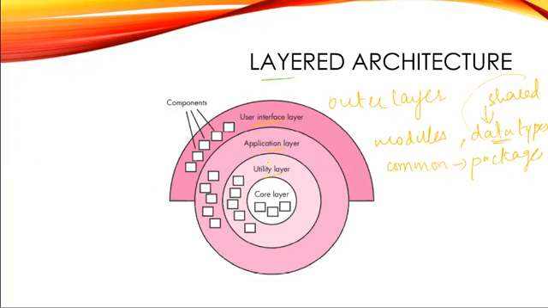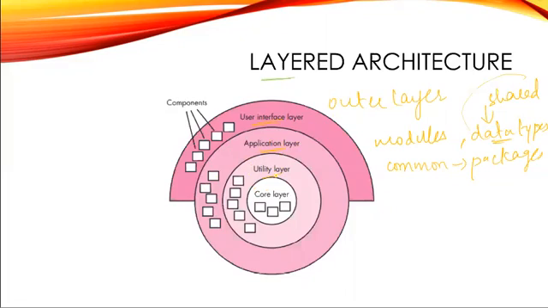The application layer makes use of the utility layer, that is, your different applications. The user, by making use of the user interface, if you click on a specific button, your application is going to change, that is, what options are being displayed. These are your application layer. When you run this application layer, you're going to have different data types that are shared among the different packages, which constitute your utility layer. The innermost layer is your core layer.